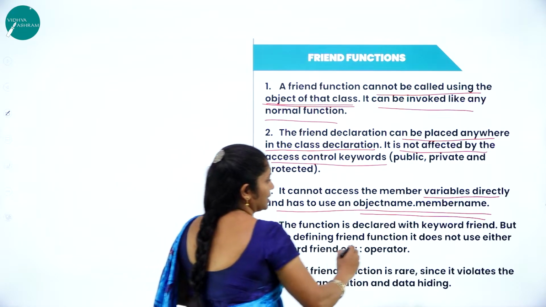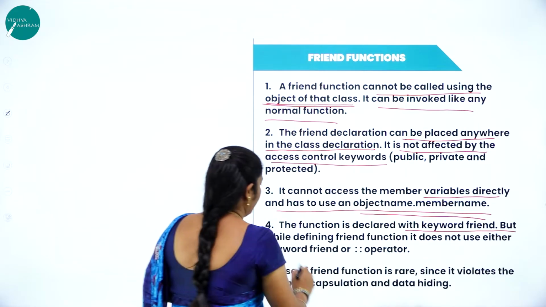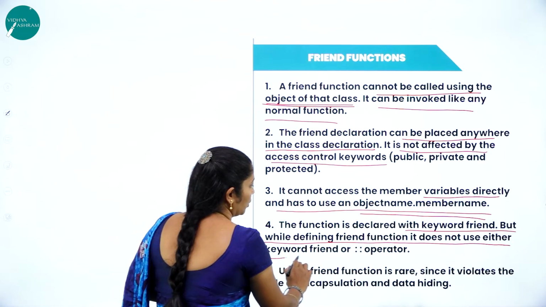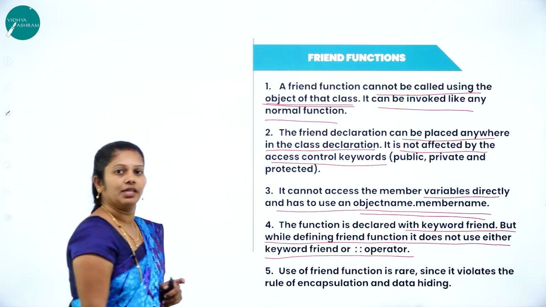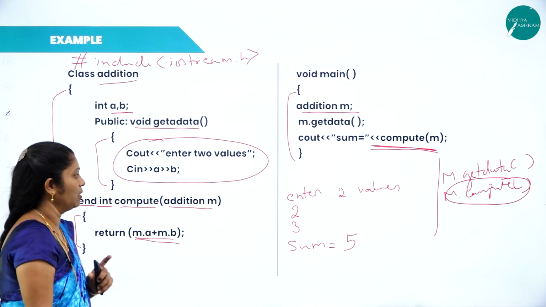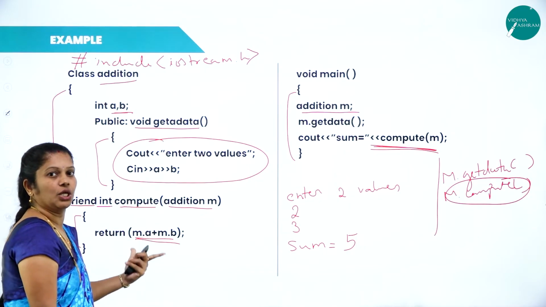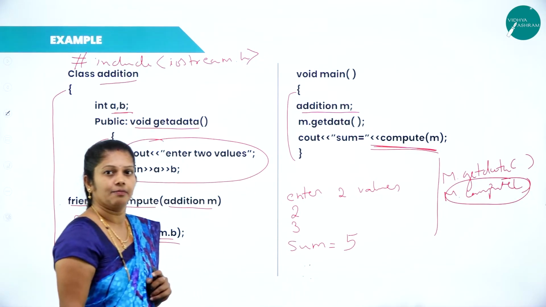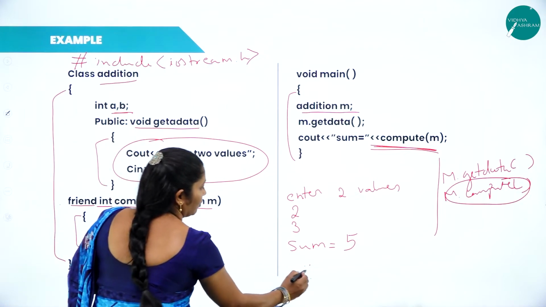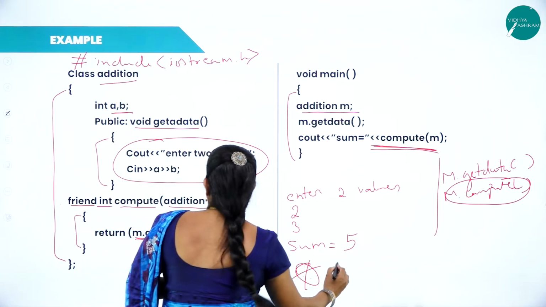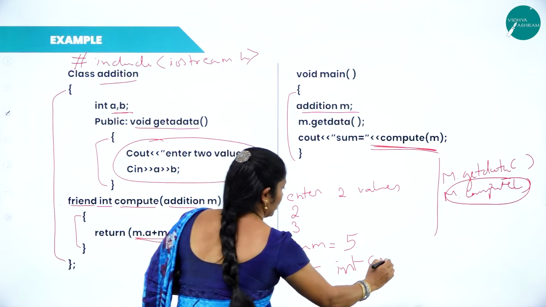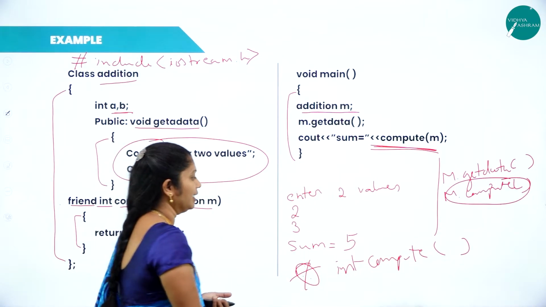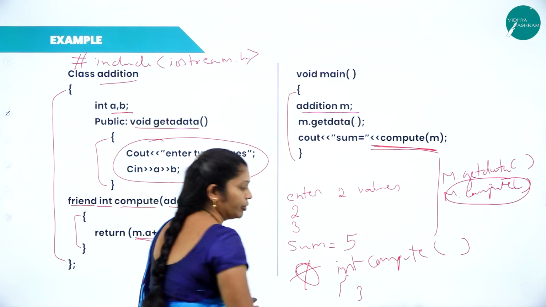The function is declared with the keyword friend, but while defining the friend function, it does not use either the keyword friend or the scope resolution operator. See, if you observe here, if I want to write this function outside the class, I do not require the scope resolution operator. Directly I can write int, then the compute function, whichever arguments or class name you write, then you write the statement and close it.